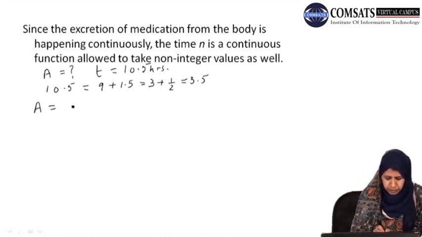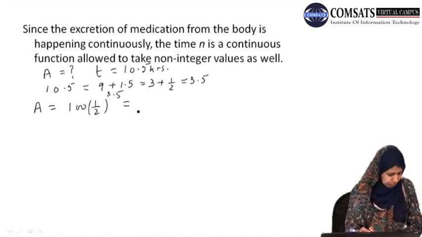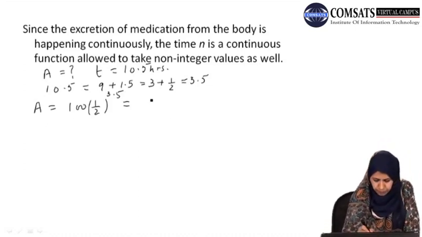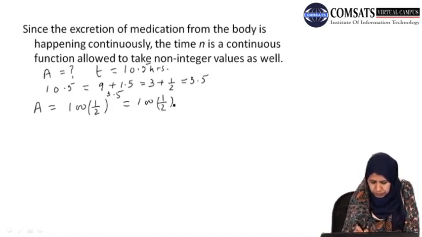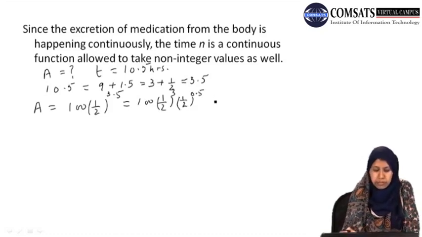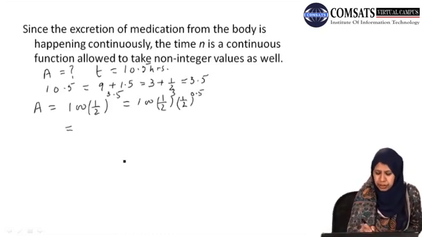That is, A is equal to 100 into 1 by 2 to the power n, which is now 3.5. Which means this is nothing but writing 100 times (1 by 2) whole cube into 1 by 2 to the power 0.5, by using the properties of exponents.